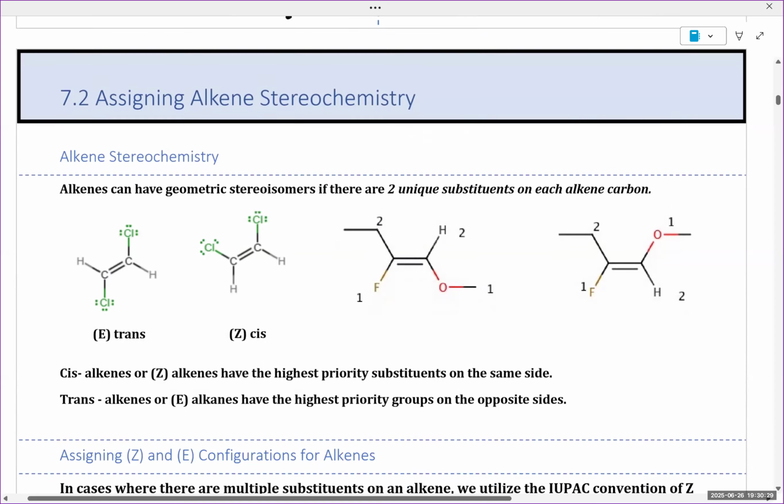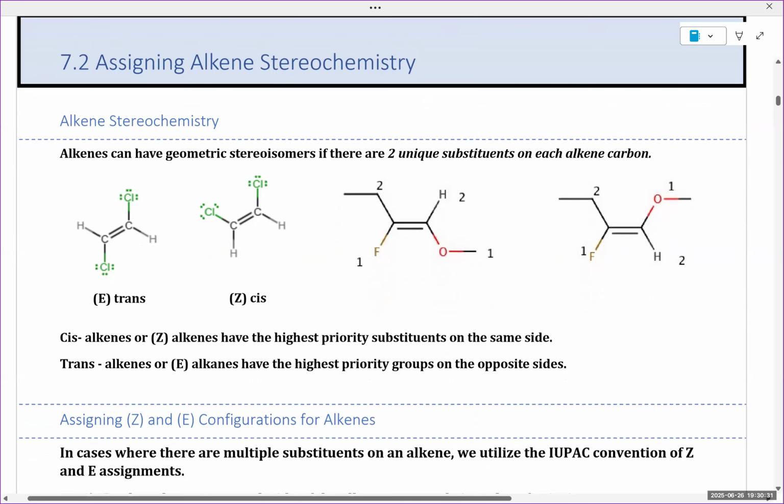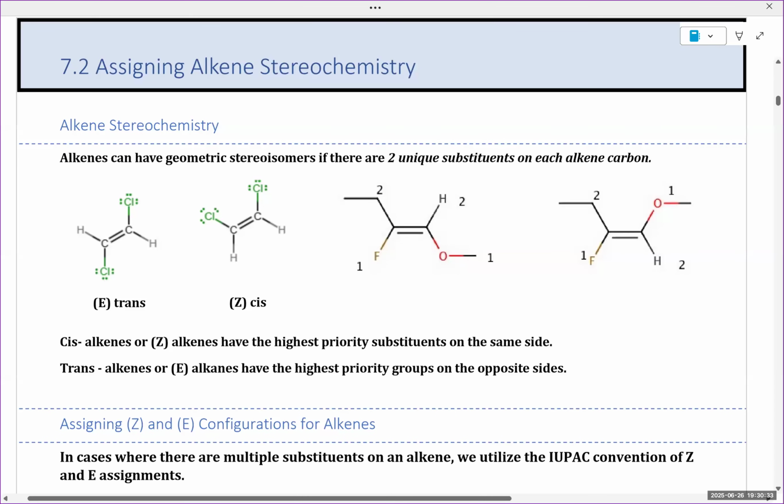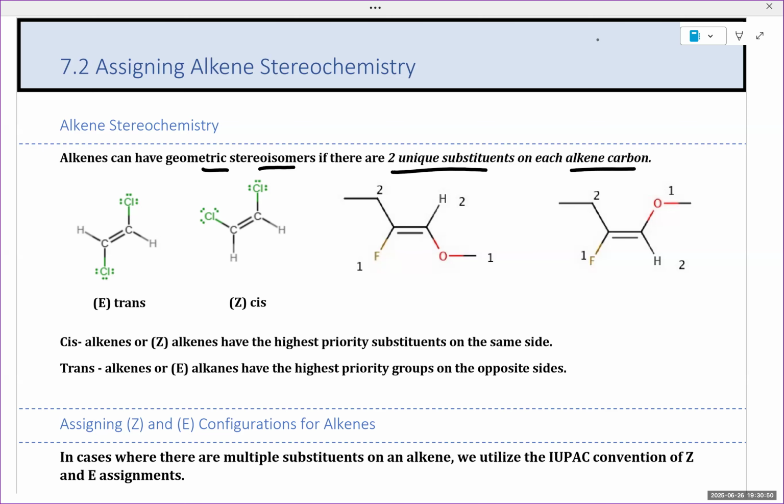So let's talk a little bit now about alkene stereochemistry, as it's very important to identify your starting alkene stereochemistry, as it has a huge impact on the product stereochemistry for alkene reactions. So alkenes can have geometric stereoisomers if there are 2 unique substituents on each alkene carbon.